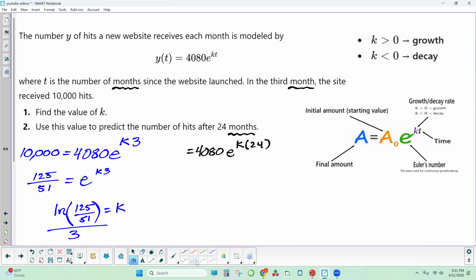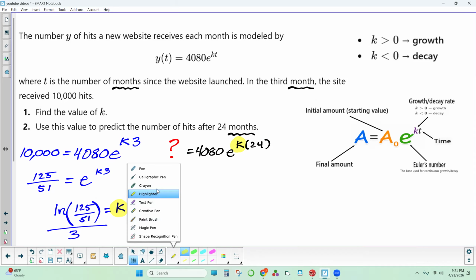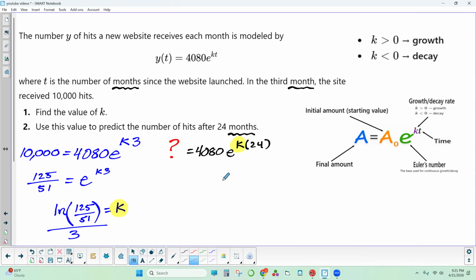So we are looking for the number of hits at 24 months.